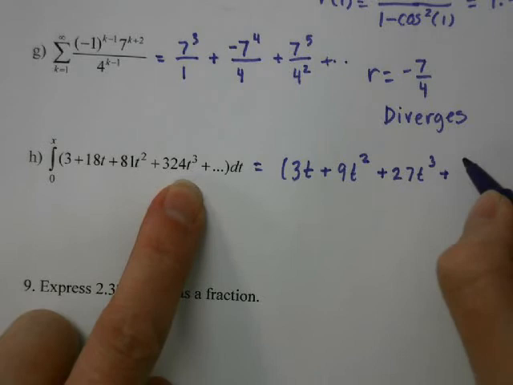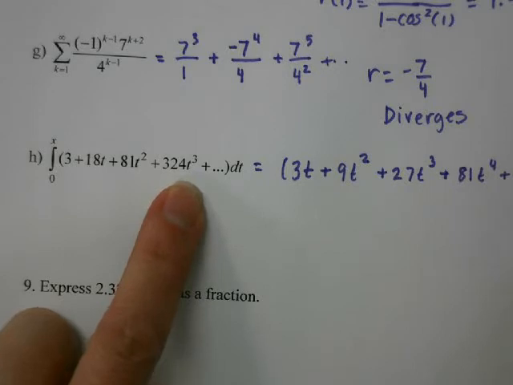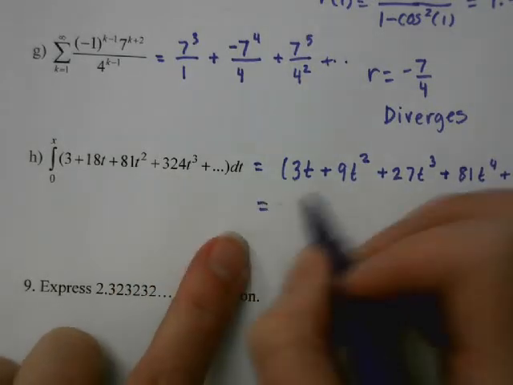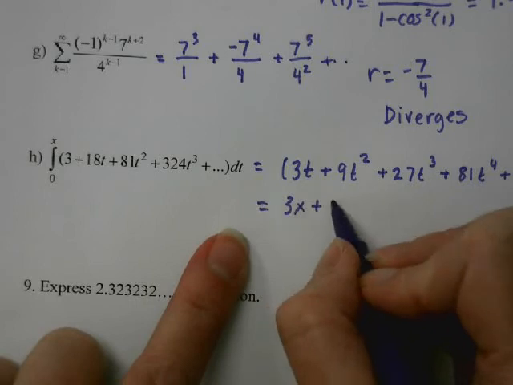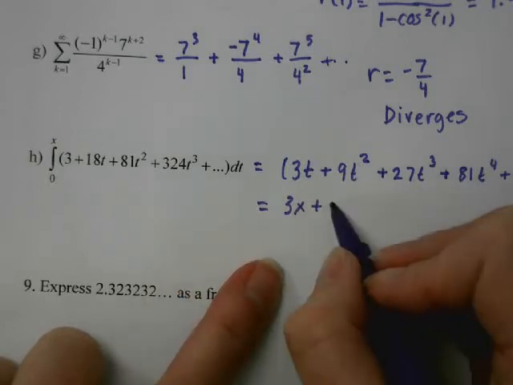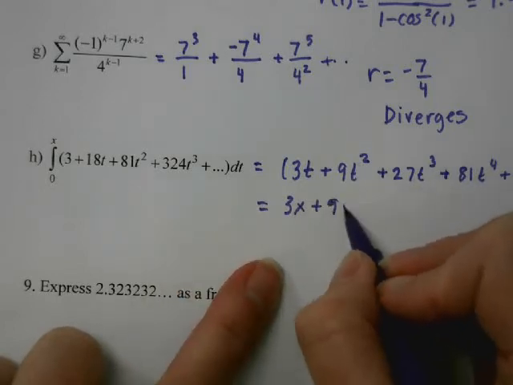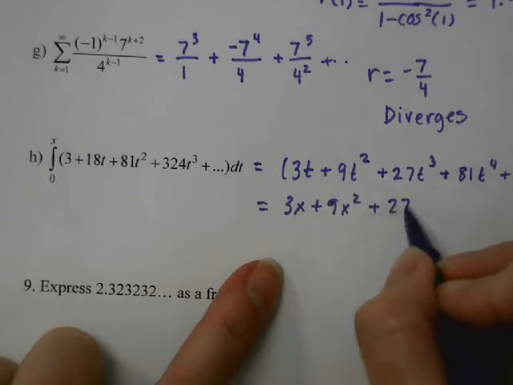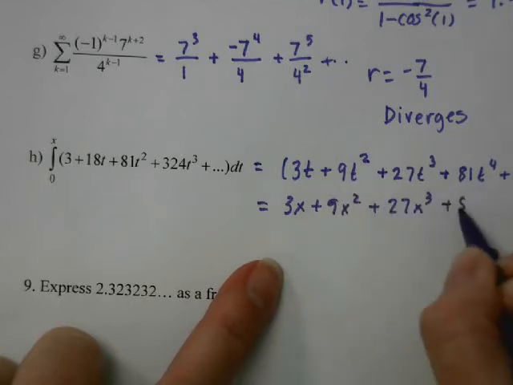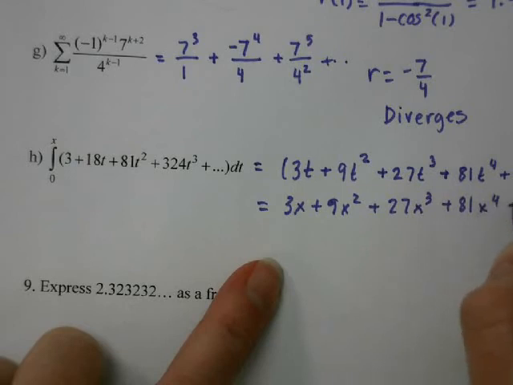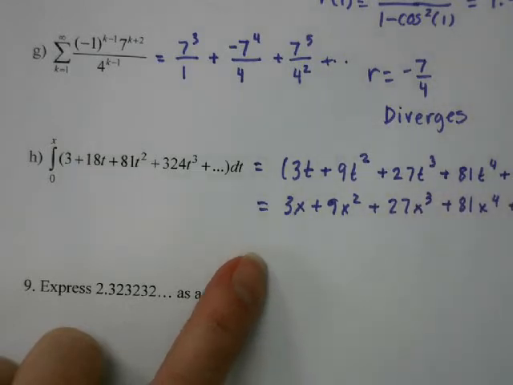This divided by 4 is 81t to the 4. We're evaluating this from 0 to x. So if we plug in x, we're going to have 3x plus 9x squared plus 27x cubed plus 81x to the 4th, and so on, minus 0.